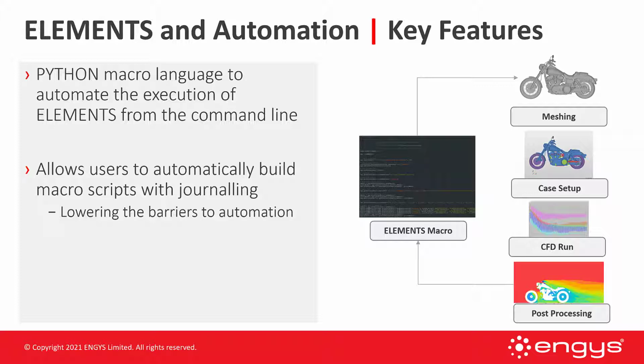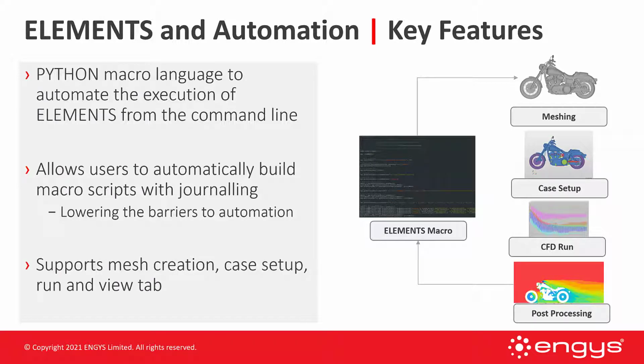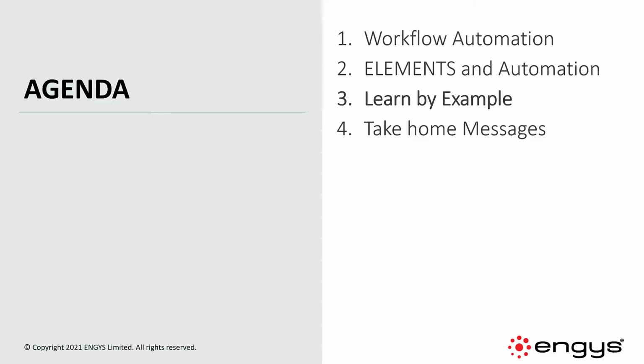But by using journaling, we're able to lower the barriers to automation by recording exactly how a user works inside of the graphical user interface. This journaling process supports mesh creation, case setup, running, and also the view tab, which is the post-processing step within Elements and our other software Helix.